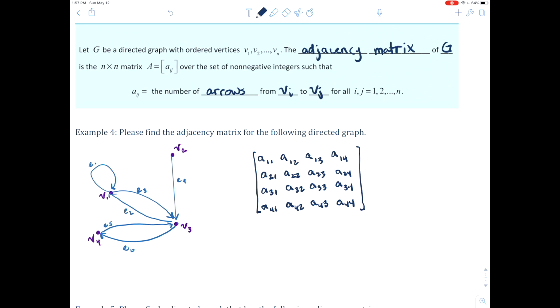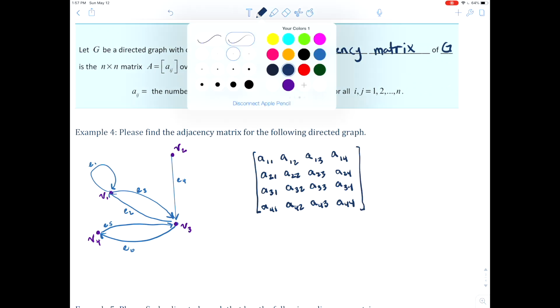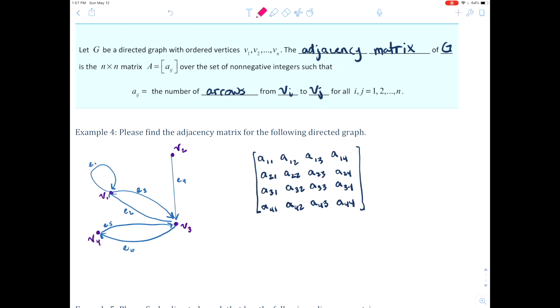So this will be the general form. And what does this represent? You'd have vertex V1, vertex V2, V3, and V4 across the top, and then they'd also be going down: V1, V2, V3, and V4.